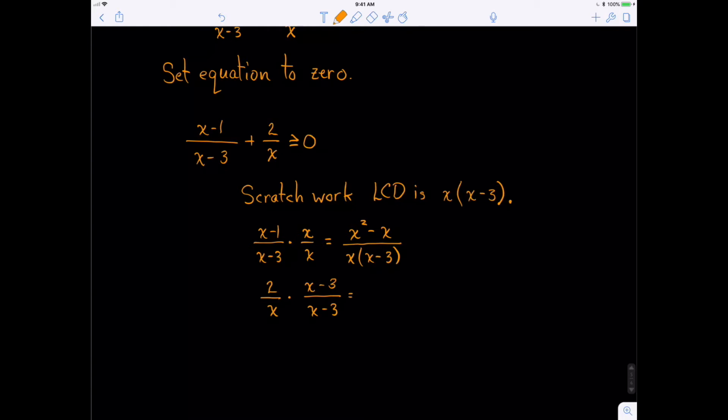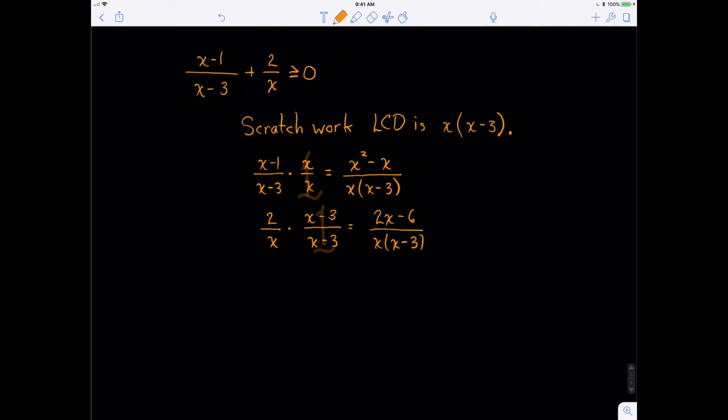And remember here, all I'm doing is these are just ones, just big ones. So we're changing its appearance, not its value. So now I have 2x minus 6 over x times (x minus 3). All right, now let's put this back into our original problem.